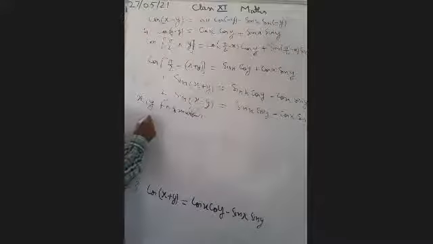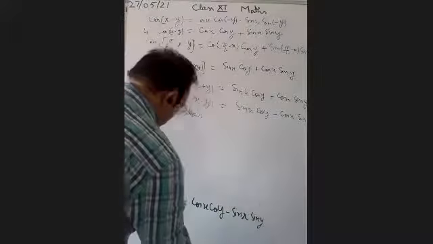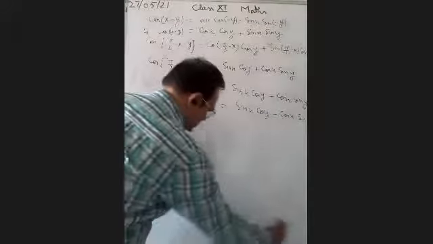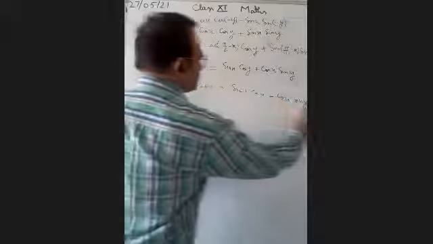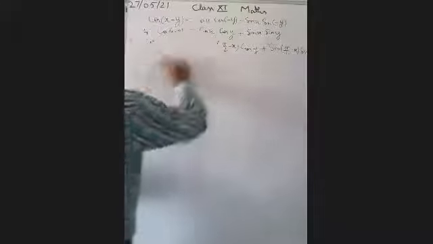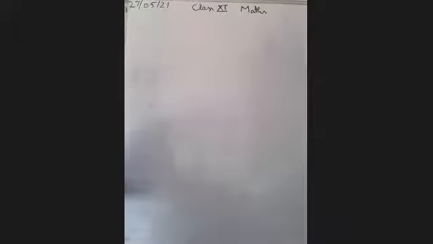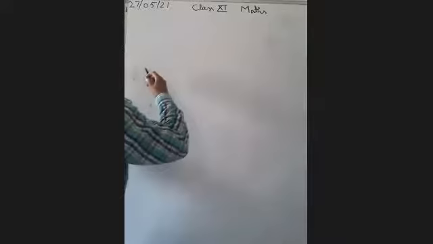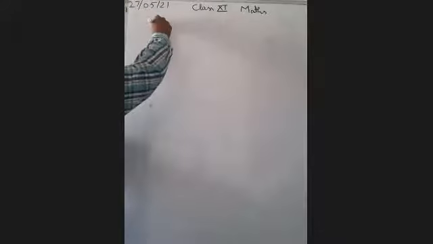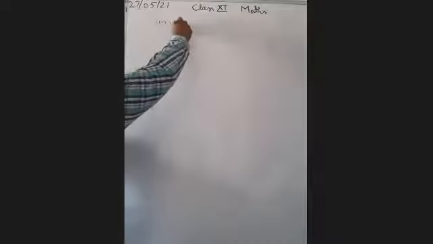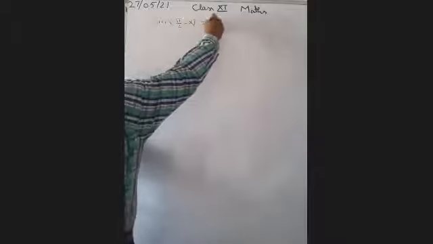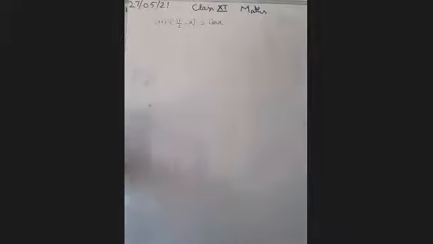Suppose you want to find the value of something. In 10th class, in the first quadrant, you did sin(90 − θ) = cos θ.